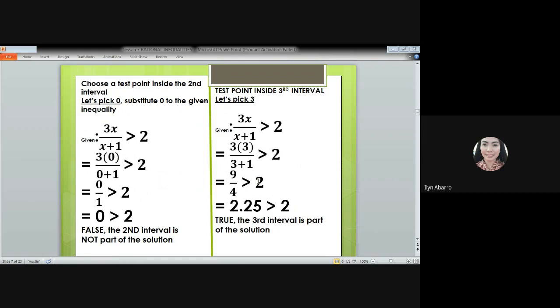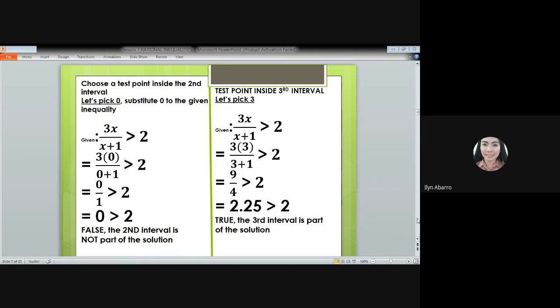So 9 over 4 is 2.25. I convert it into decimal so that we can easily compare their value to 2. Is it true that 2.25 is greater than 2? It's true. So the third interval is also part of the solution.